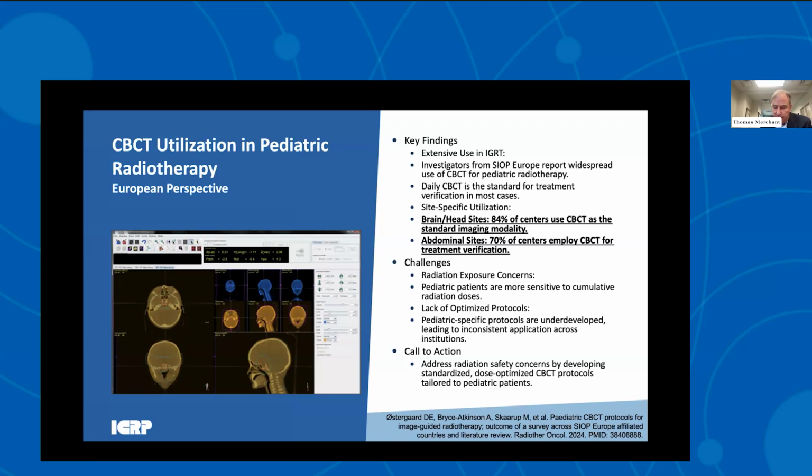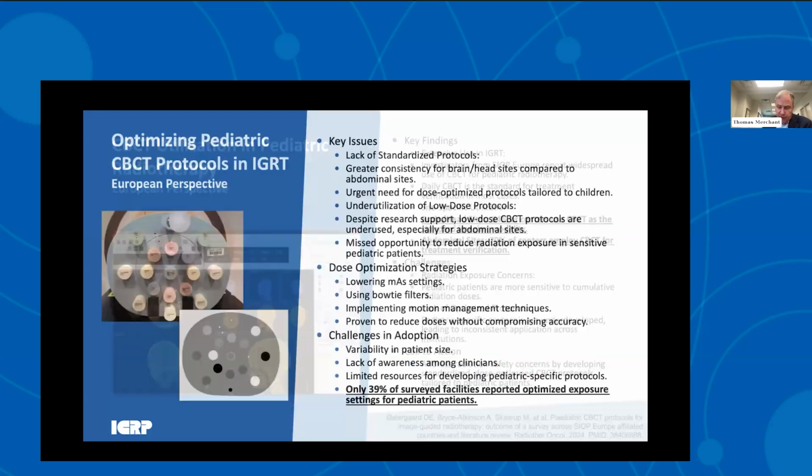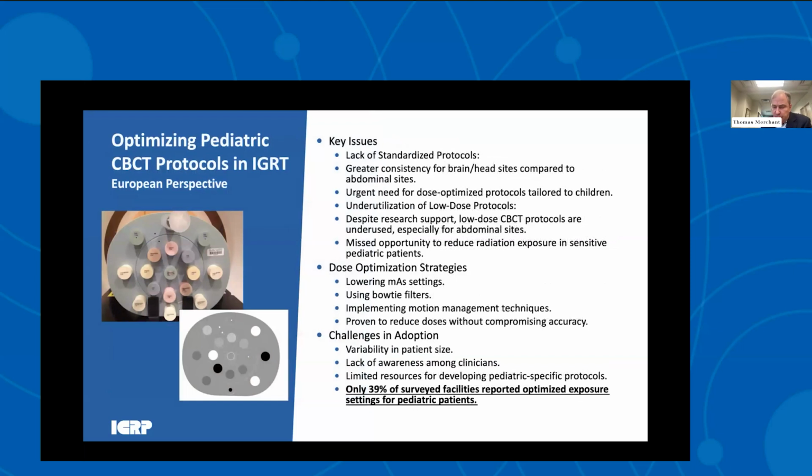Despite its widespread use, key challenges include concerns over radiation exposure and the lack of optimized pediatric-specific protocols, and this hinders consistent application across institutions. There's considerable variability in cone beam CT protocols used for pediatric IGRT, for brain and head and neck sites, showing the most consistency compared to abdominal sites, and this underscores the urgent need for standardization and optimized protocols tailored to children.